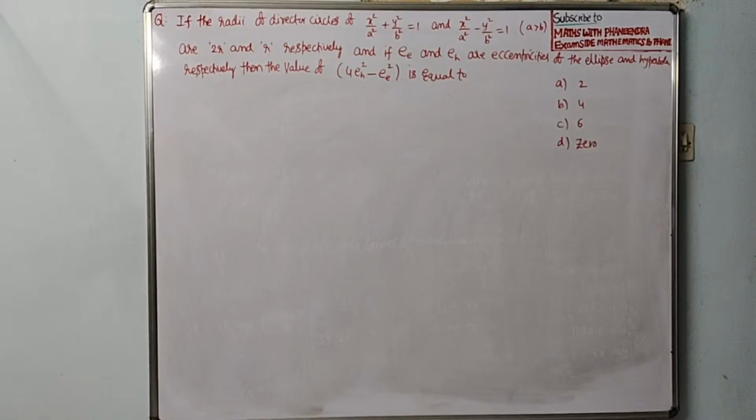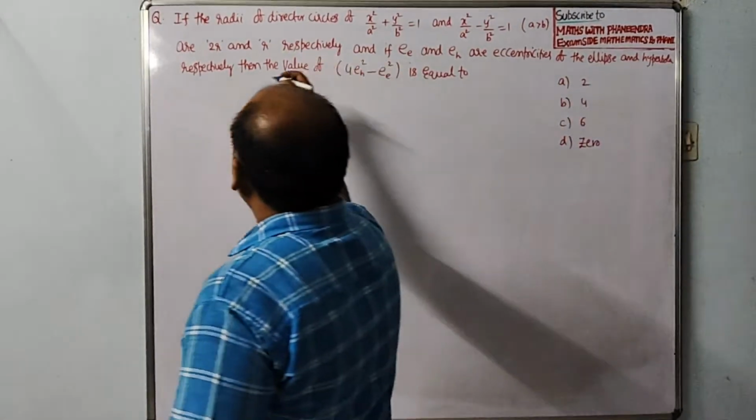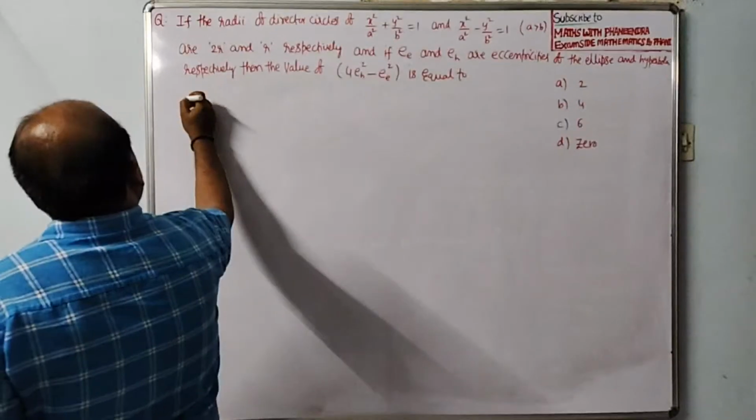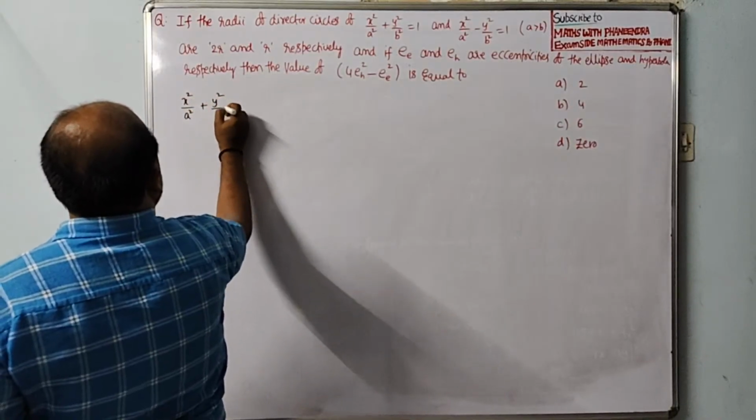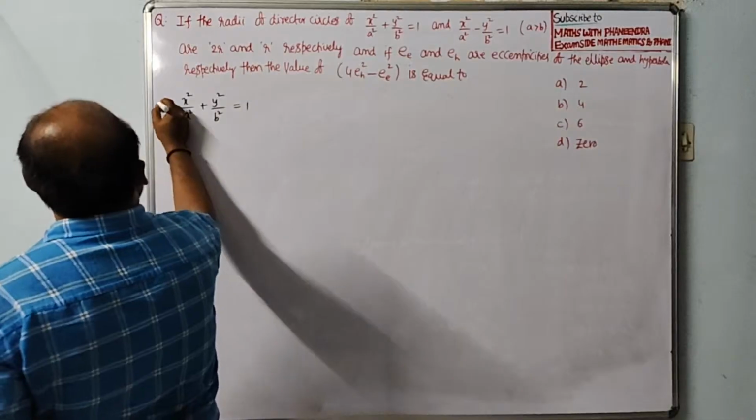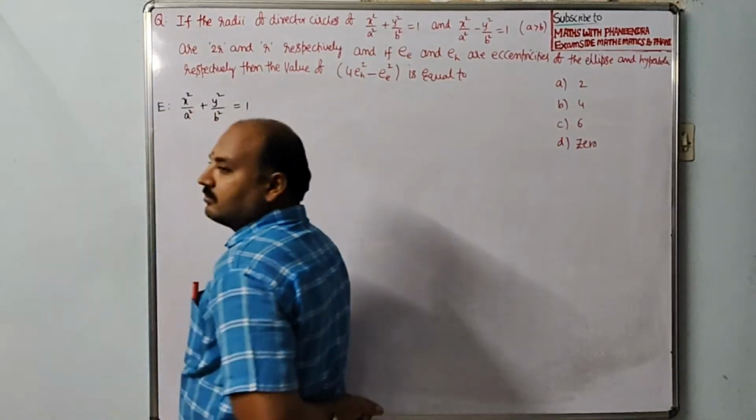So in what way you can see. First, for the ellipse x square by a square plus y square by b square is equal to 1, this is regarding the ellipse.